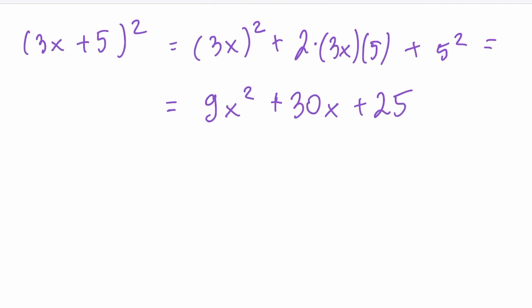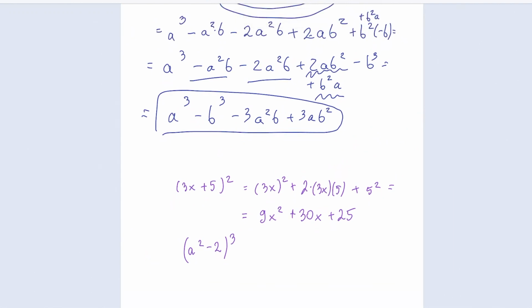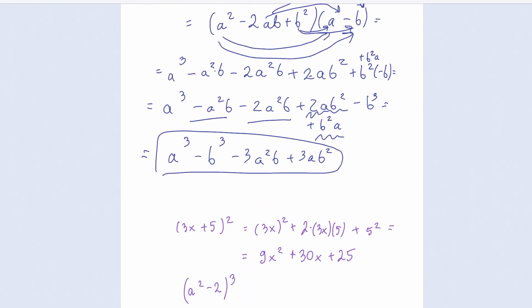Voila! See how simple? Now what would happen if you had a minus 2 to the power of 3? So using our formula, now our a is really a, and then our b is equal to 2, right?